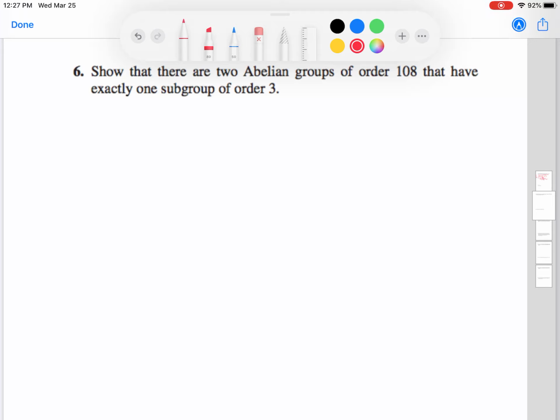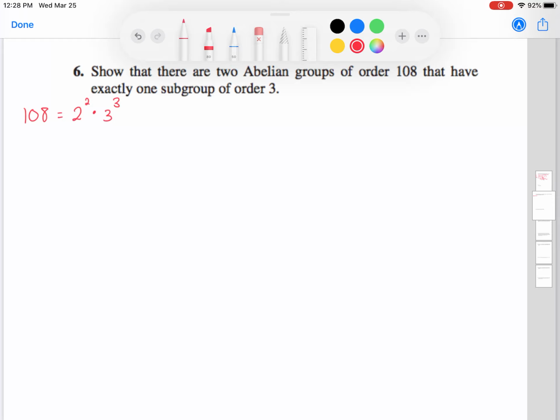Show that there are 2 abelian groups of order 108 that have exactly 1 subgroup of order 3. Okay, so for working through this one, first let's think about what 108 equals, because that's our order of our group. 108 equals 2 squared times 3 cubed, if we did its prime factorization.